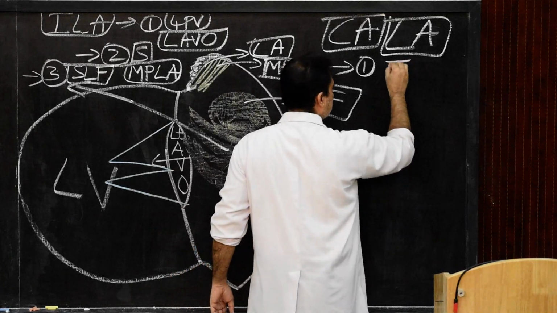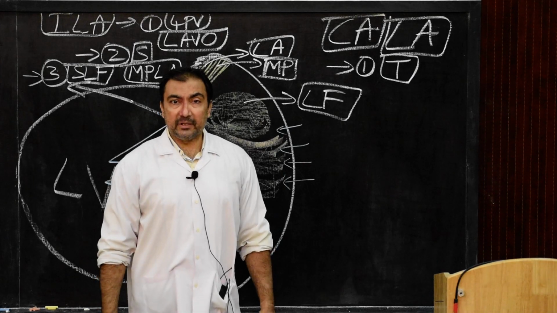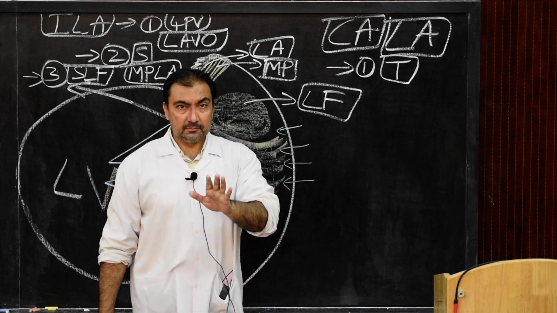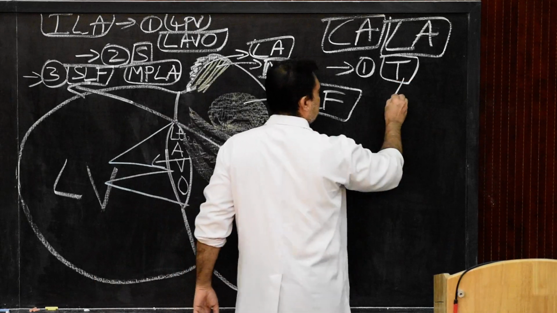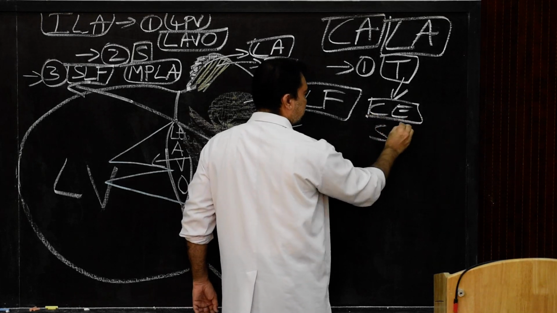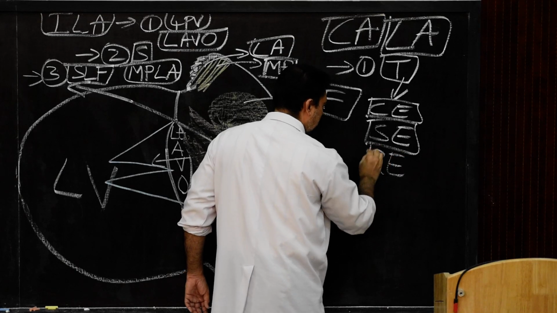So the thrombi will be formed within the left auricle, and whenever one is dislodged, it may cause cerebral embolism, or it may cause systemic embolism, or it may cause renal embolism.